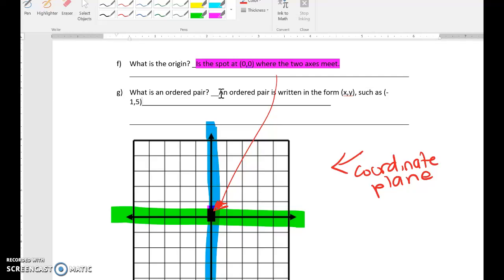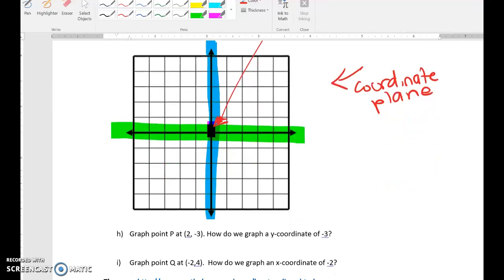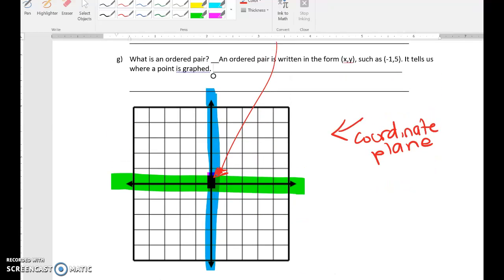Ooh, a negative number. Okay, so an ordered pair is written in the form x comma y. It tells us where a point is graphed. It's basically like an address. Okay, so let me graph -1, 5 for us.